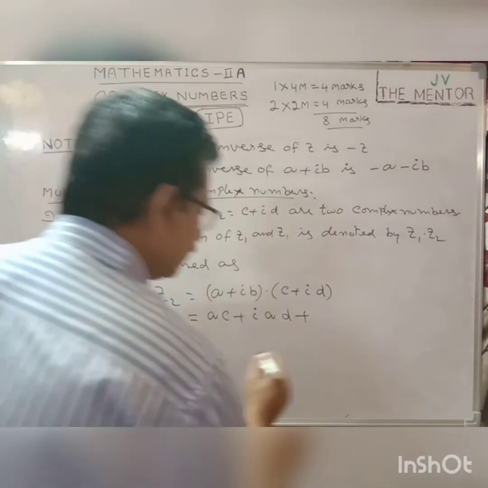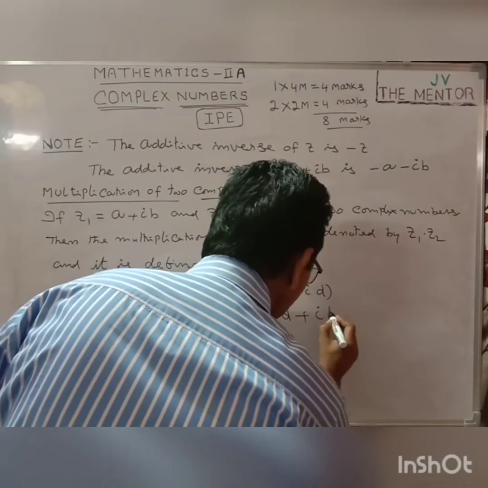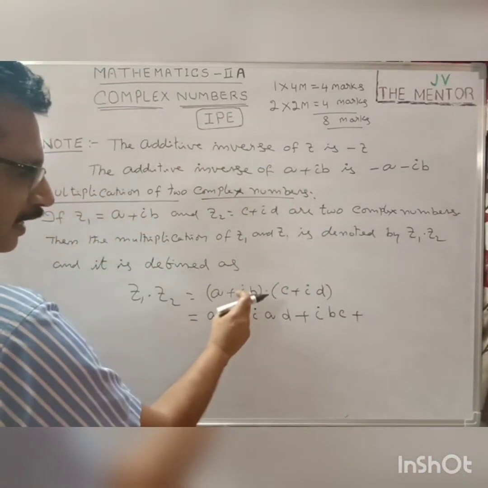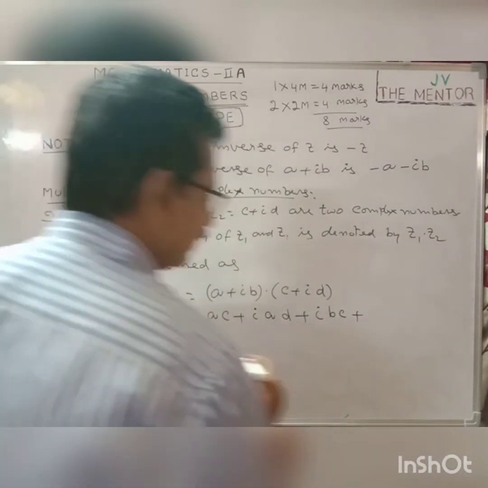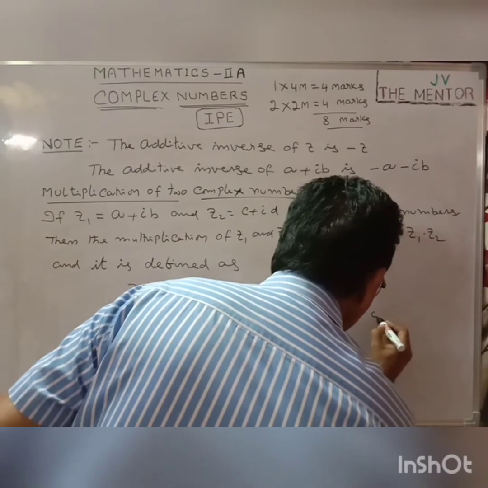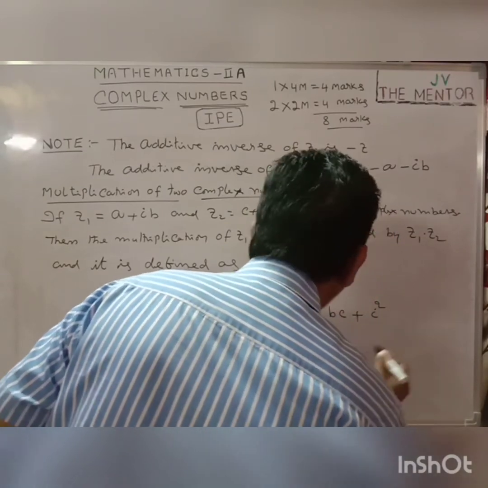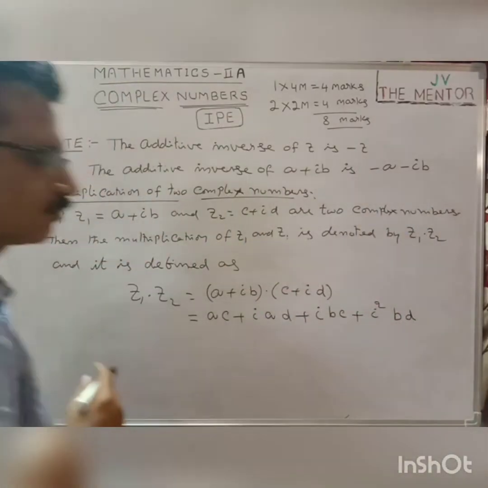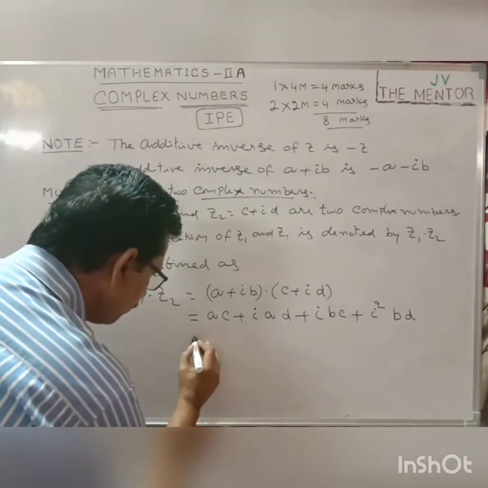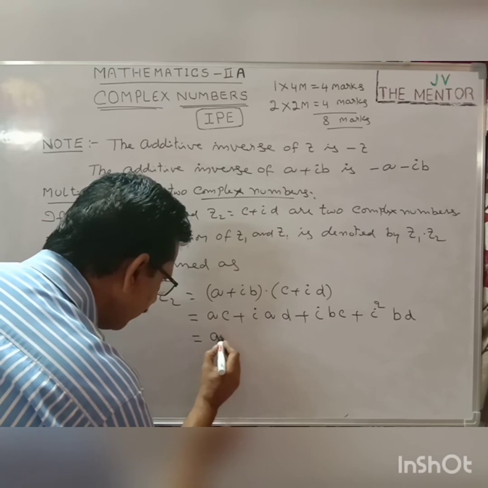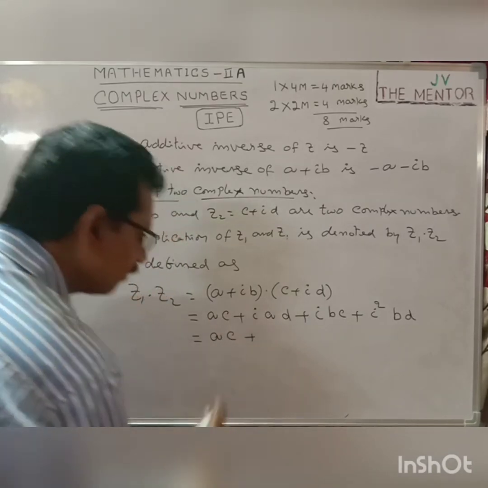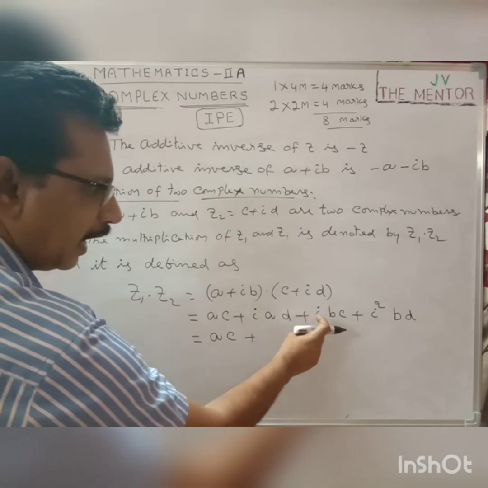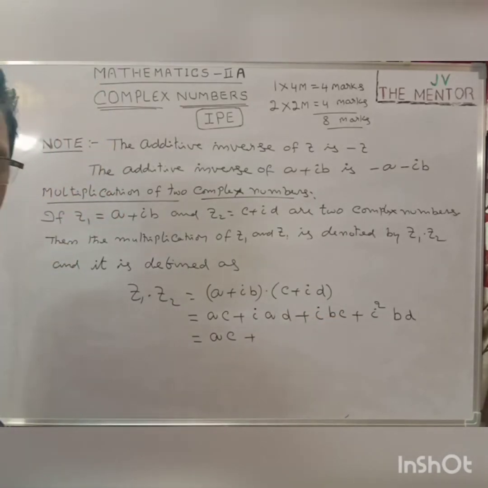IB into C, I into BC, plus IB into ID, I into I square BD. Okay now this equal to AC plus I into AD and IBC, what is the common factor?